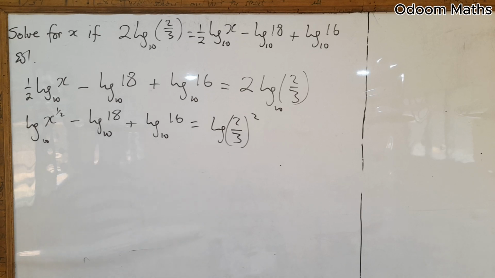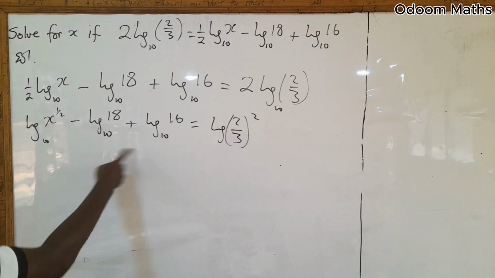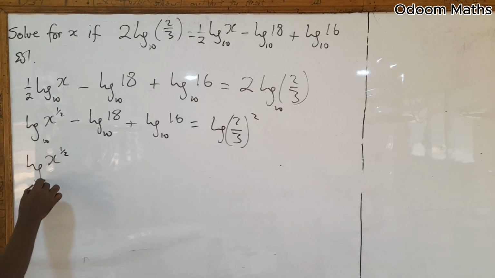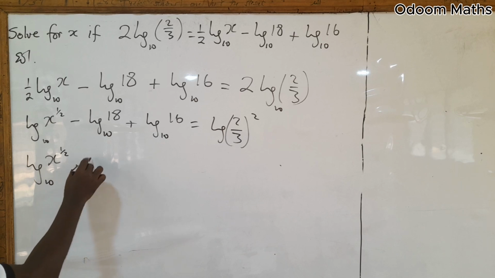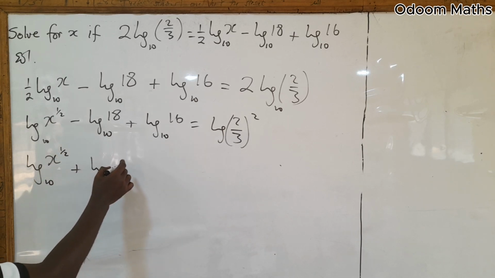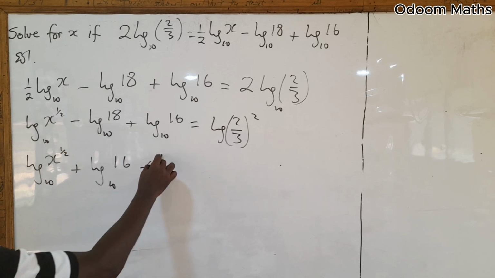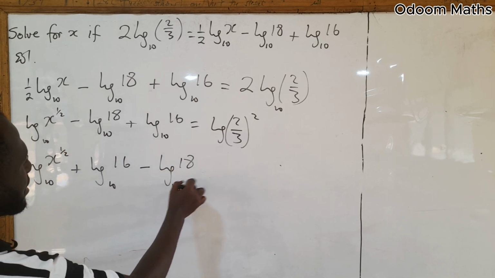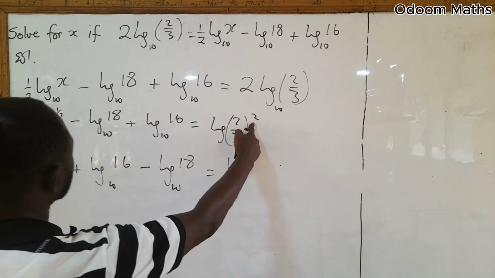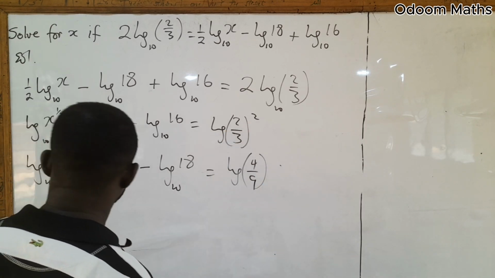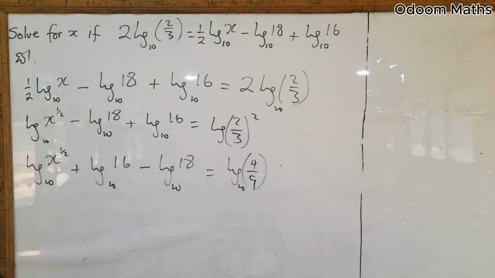Okay, then from here, let me rewrite it this side again. So that is going to be log x to the power half base 10 plus log 16 base 10, then minus log 18 base 10 equals log, this becomes 4 over 9, okay, base 10.